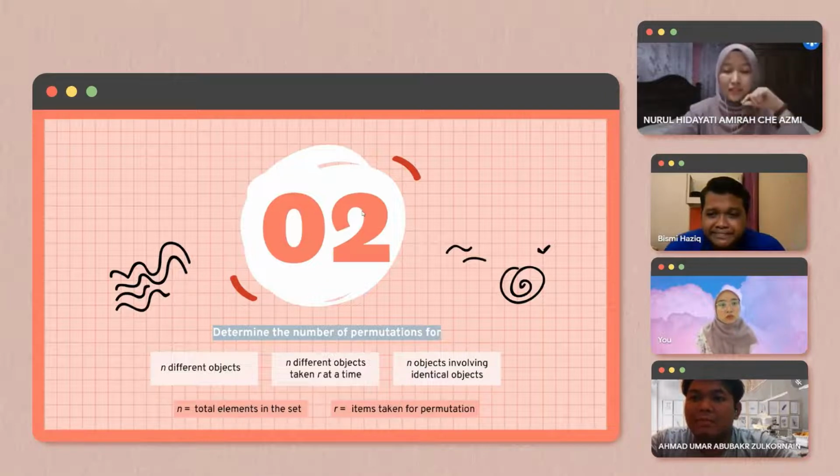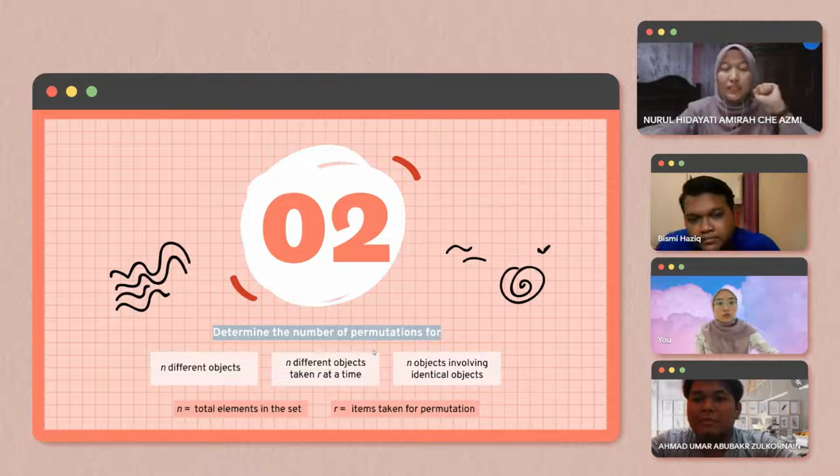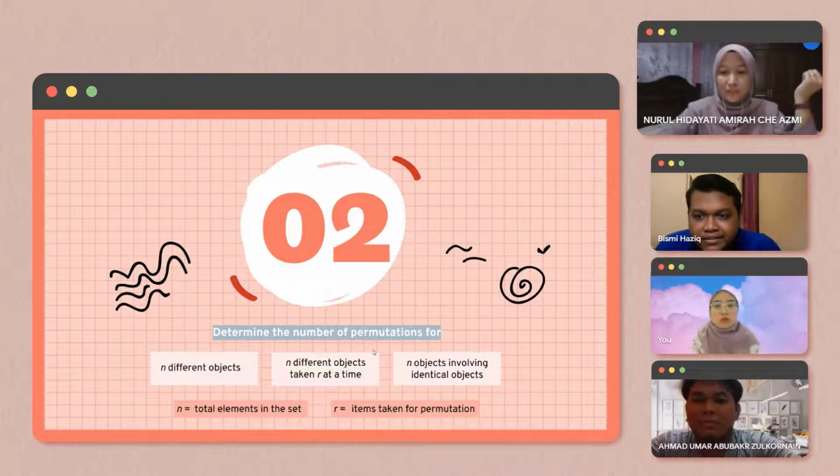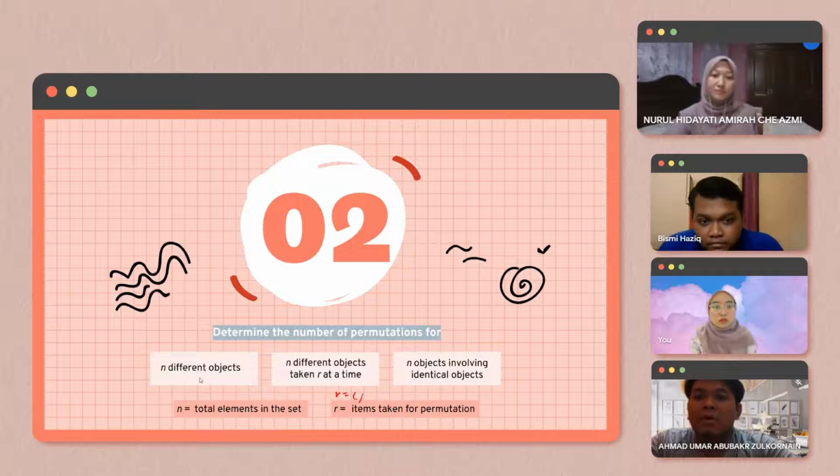Let's say r is the items taken for permutation. From the gifts you have to choose, I want only iOS, so we have 4 iOS items. So r is 4, n is 5, since n is all the elements and r is the items that we want to take.